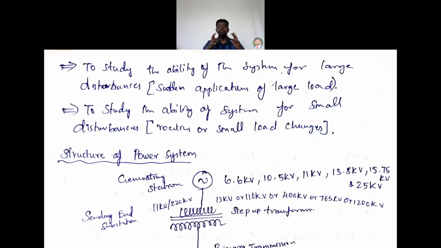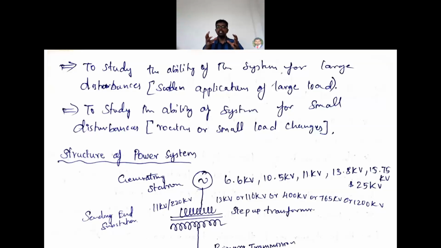Next, to study the ability of the system under small disturbances. Say for example, some transients happening, like in the rainy season, lightning suddenly happening in the system. That particular system has to tolerate the sudden rise in the transient. Small and routine load changes also we need to analyze.